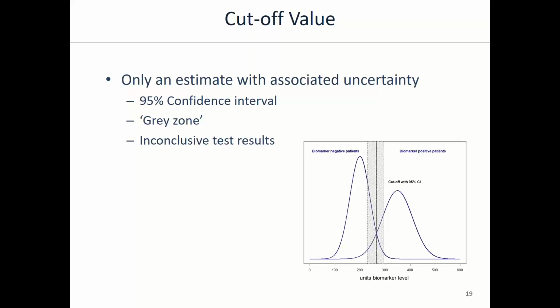And this uncertainty can be quantified with a confidence interval, and this confidence interval is a kind of gray zone in which you can see the biomarker values as inconclusive. Because if you would set up the same type of cutoff study, same sample size in the same population, you could end up with a cutoff within this confidence interval. So that's why the values within this interval are often seen as inconclusive.